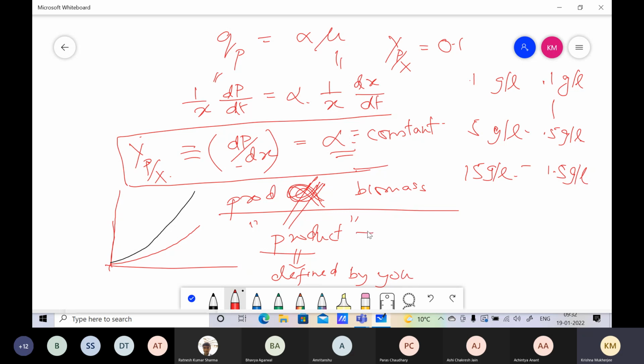So the product, if it is an intrinsic component of the cell, for example, nowadays with DNA vaccines, plasmid can be a product. You can sell plasmids. You need not sell proteins.